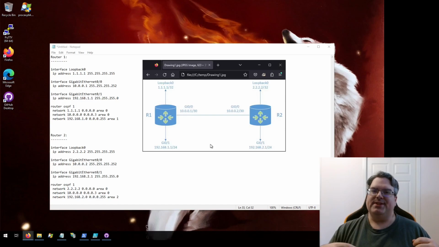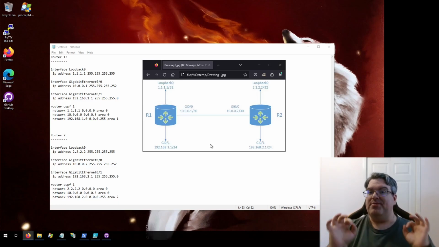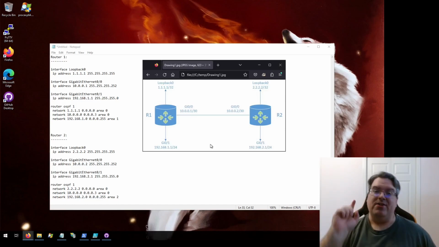Here's an interesting thing. There's conceptually some different behavior that OSPF uses depending on whether it's a point-to-point network or a multi-access network. And it's important to note that we're talking about the network technology, not the IP address.